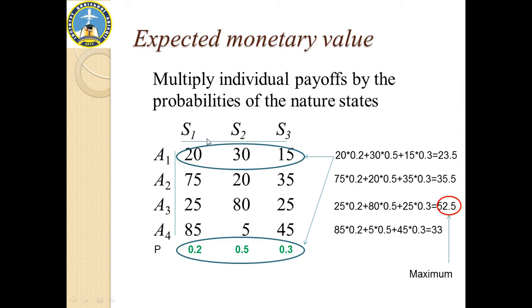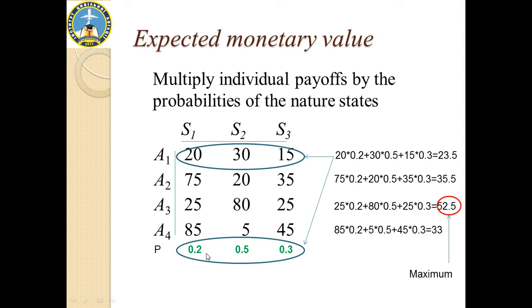So we multiply the corresponding payoff, for example 20, the outcome of strategy A1 if nature turns up in its state S sub 1, by the probability of this state of nature, which is 0.2.